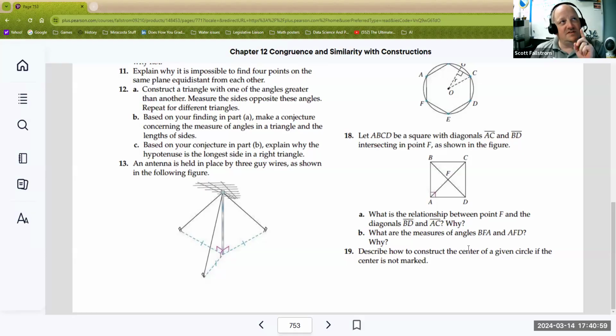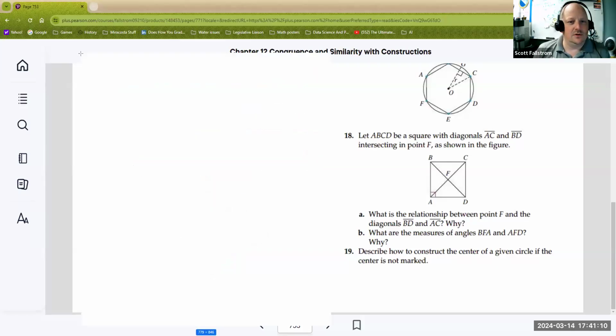Okay, so we have to remember the center is a point that is equidistant from every other point on the circle. So let's go back to what we do know how to do. What did we learn in class? We saw that if we were given 3 points, we could find a point that was the same distance from all of them.